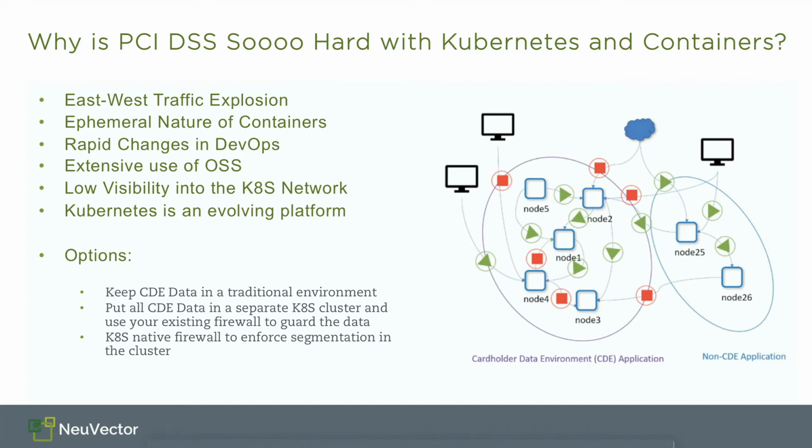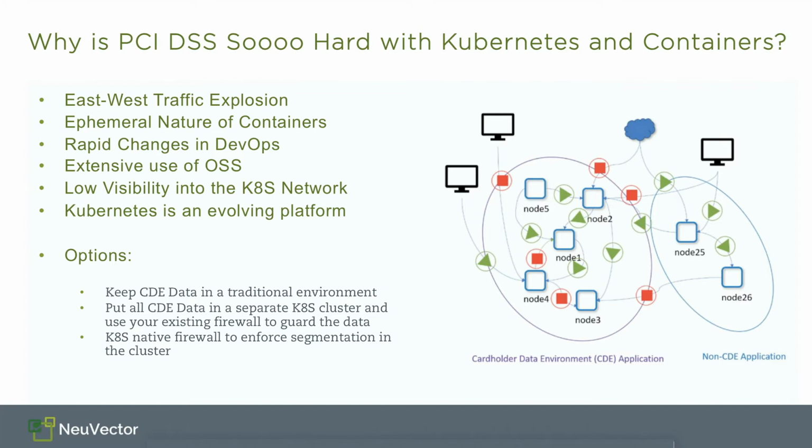Rapid changes in DevOps, right? This is all about pushing code into production as quickly as possible, and combined with number 4 here, which is extensive use of open source, you are vulnerable to attack vectors that are coming from the open source libraries, and you may not be able to see it, or you may be forced into a situation where you have to run an application in production knowing that there are high priority vulnerabilities.